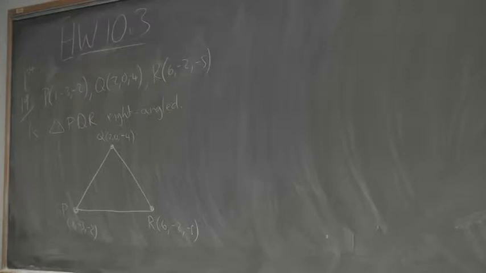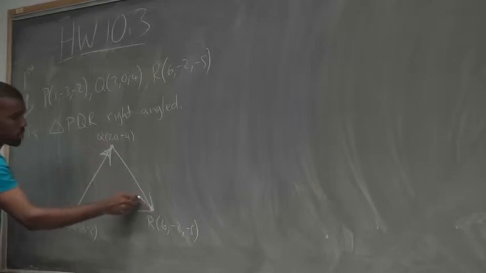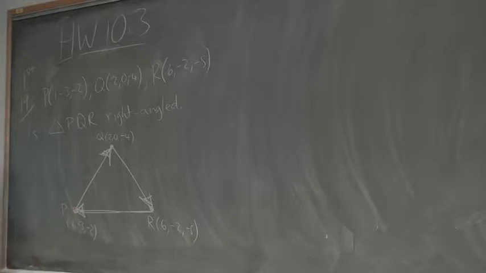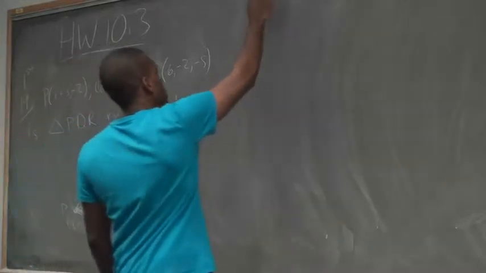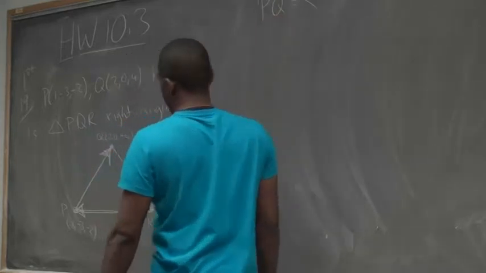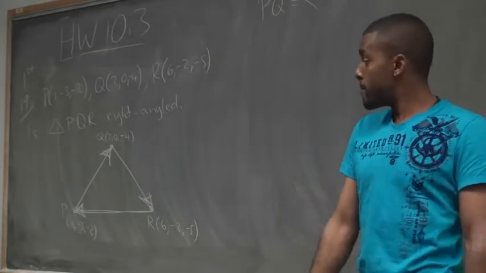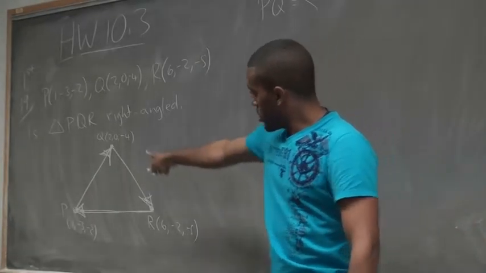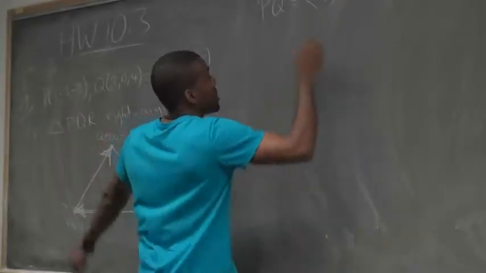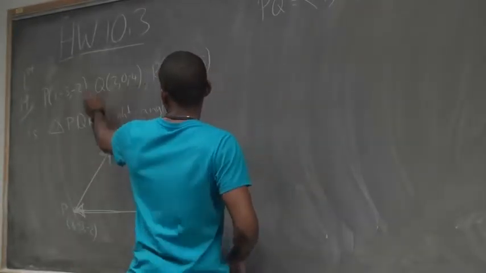First we find the coordinates for the vectors PQ, QR, and PR. Find the vector PQ, then the vector QR, then the vector RP. So let's do that. PQ would be 2 minus 1, 0 minus negative 3, negative 4 minus negative 2.